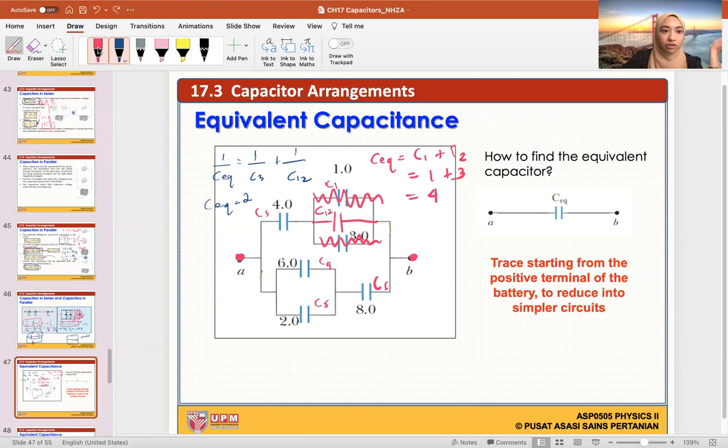Now I can redraw this whole thing to be C123, which is equal to 2.